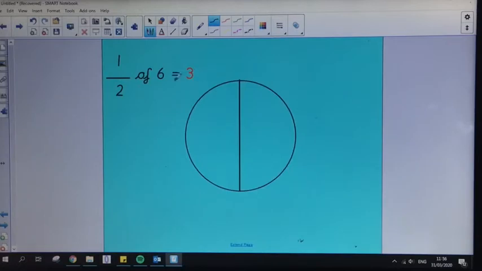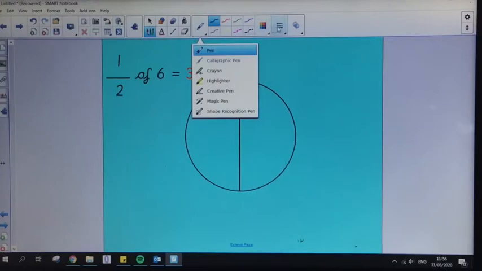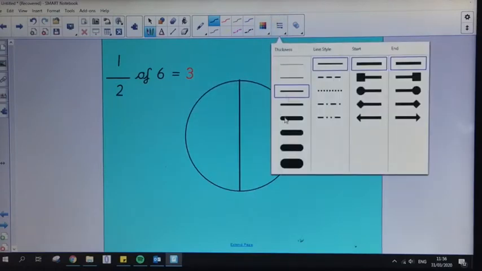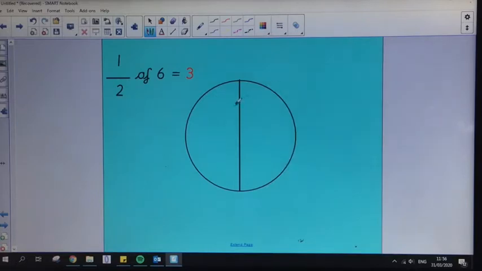Okay, then I need to look at my second number, which is 6. And this is the number that I'm going to be sharing between my 2 parts, my 2 sections. Okay, so to do this, we need to put our dots into our ladybird. Okay, so get ready to count to 6 with me while we share between the 2 sides.